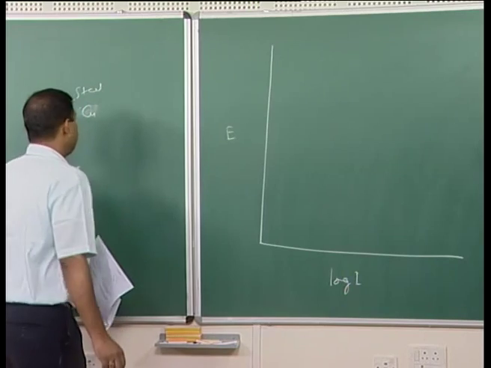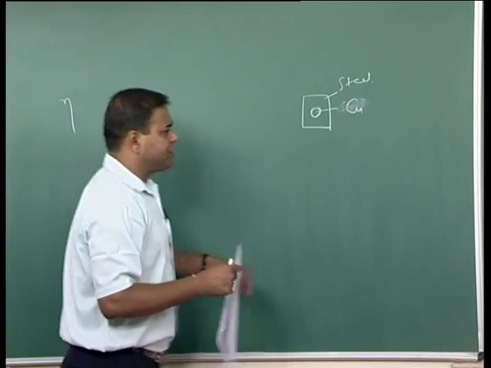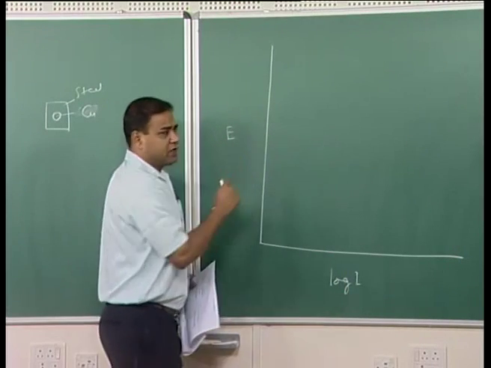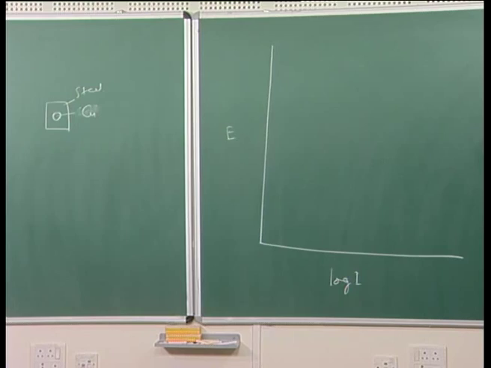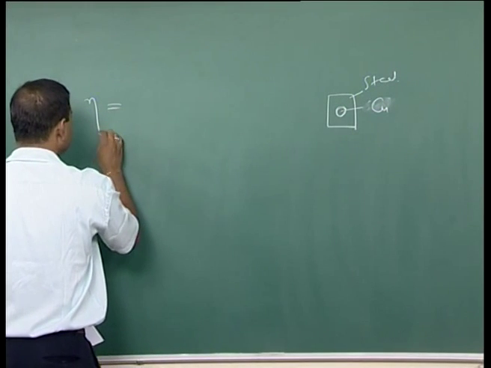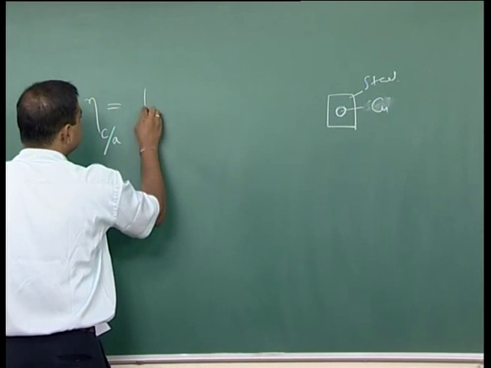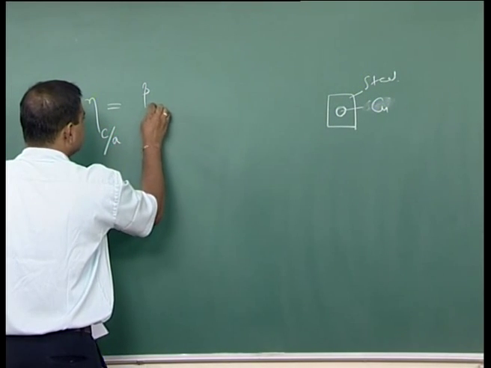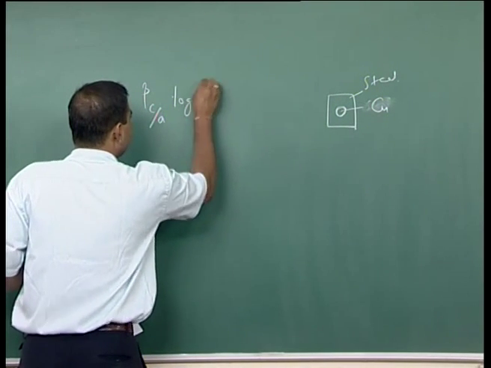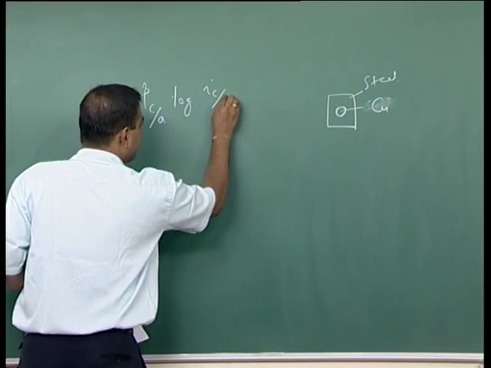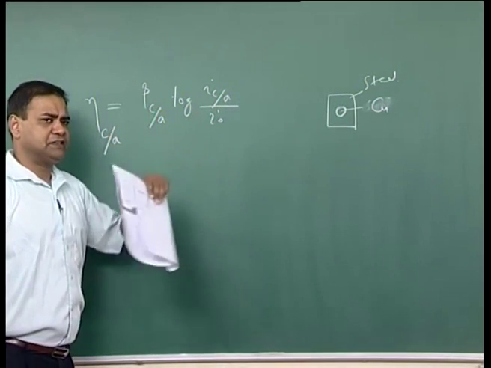Now, if you see the relation, because we are always trying to see the activation polarization on the anodic side as well as the cathodic side, activation polarization can be related to beta C or beta A, log i, cathodic or anodic, over i0. This is a small i which is the current density.